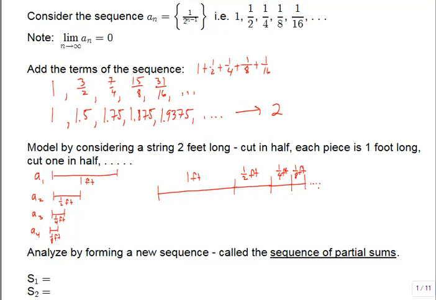If we continue this, how long is this going to be? What is this converging to? Well, it obviously can't get any longer than that initial 2 feet that we started with. And so if we continue this process, we're going to get back to the original 2 feet.